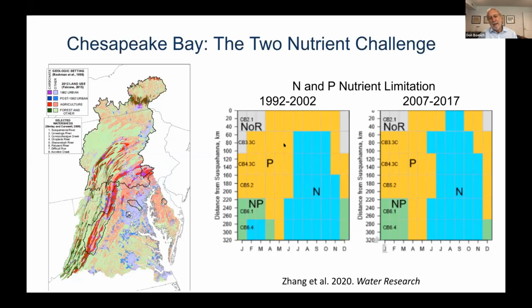So phosphorus is really important in stimulating that spring production, but then nitrogen is really important for maintaining that production, which continues to produce organic matter, which creates hypoxia in bottom waters and creates excess production, which is shading out seagrass beds and the like. So this has long been seen as really a two-nutrient challenge that has to be addressed.